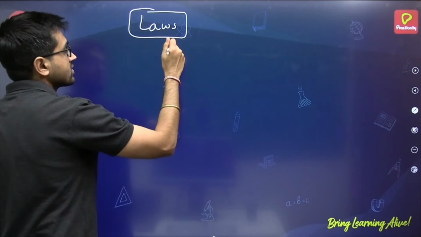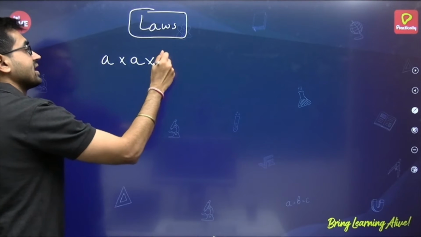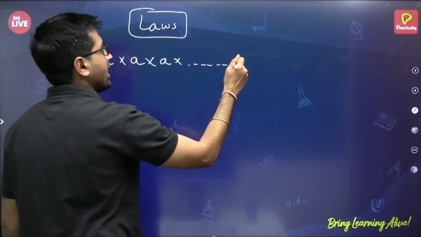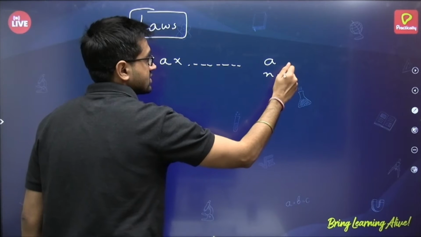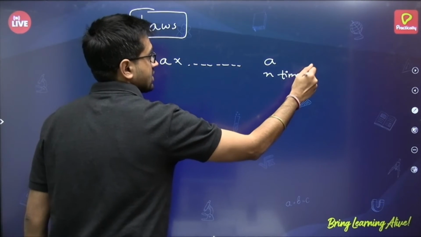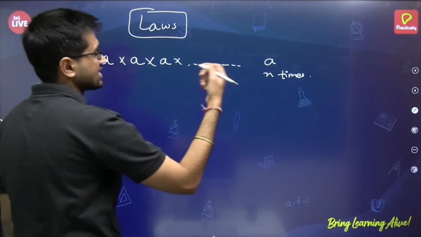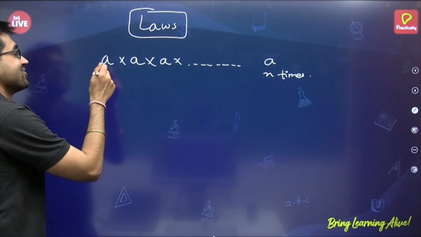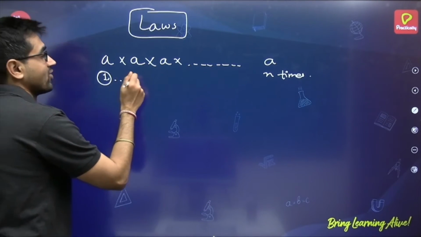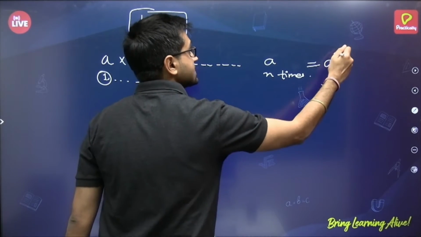So any number, let's say a, multiplied by a, multiplied by a, and so on till n times. Let's say n times, or you can say m times, or k times, I don't care. What I care about is how many times. I can compress and write it as a to the power n.